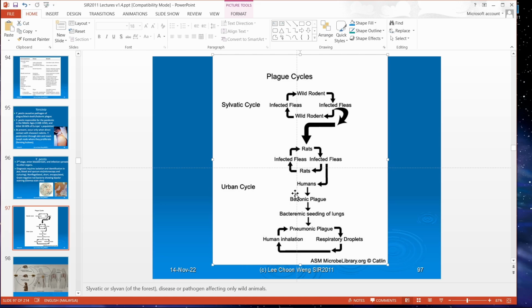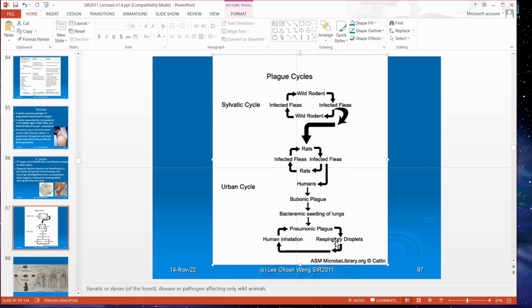Bubonic plague means the bacteria is still constrained to the lymph nodes. So the infection rate is still not high. The problem starts when you have this stage, bacteremic seeding of the lungs. When the bacteria enters the lungs and then the person starts coughing, that's when you have your pneumonic plague.